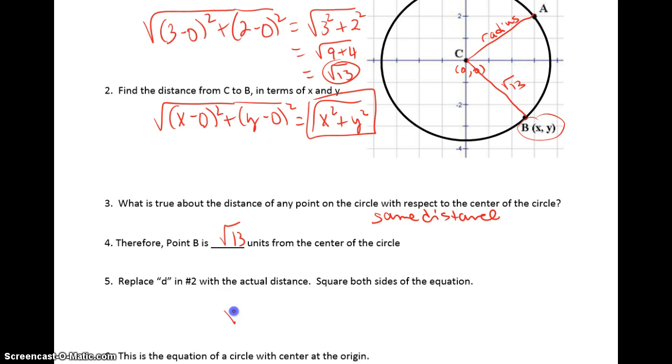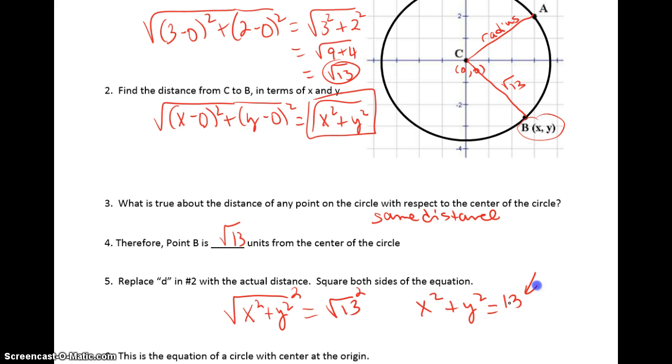And so what we'll do is replace the distance from B, the square root of x squared plus y squared, and set that equal to square root of 13. Notice there's a square root on both sides. So to remove that square root, we can just square both sides, and it will say x squared plus y squared equals 13.